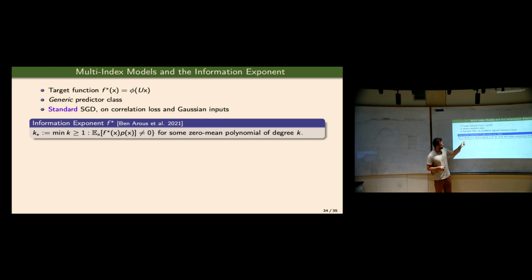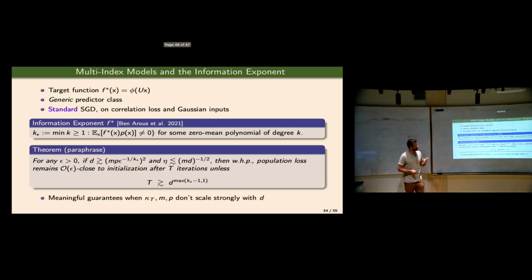So the information exponent is the minimal k such that there is some polynomial of degree k that doesn't have a constant term, where this expectation, the correlation, is not zero.